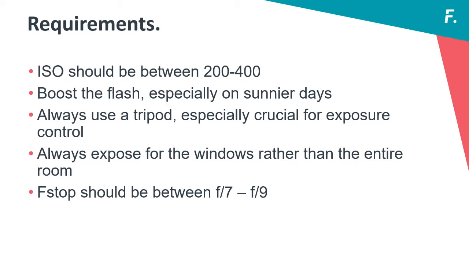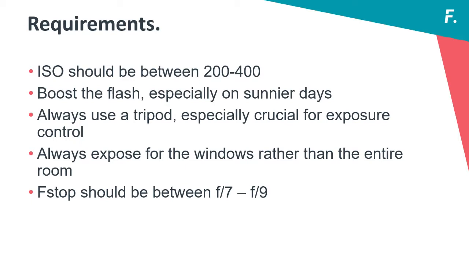The next thing, and this is crucial, is something that a lot of people either don't do or think they can change their settings to get away with not using a tripod, but always use a tripod. Especially when you are exposing for the window, you're going to need to adjust your shutter speed.